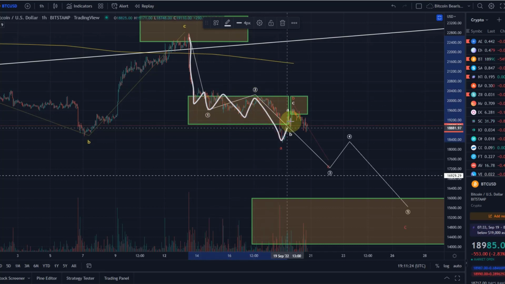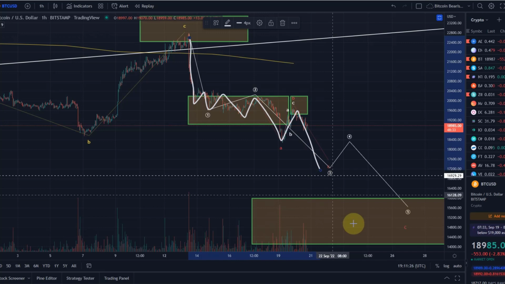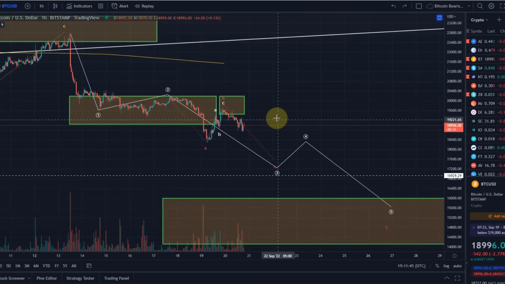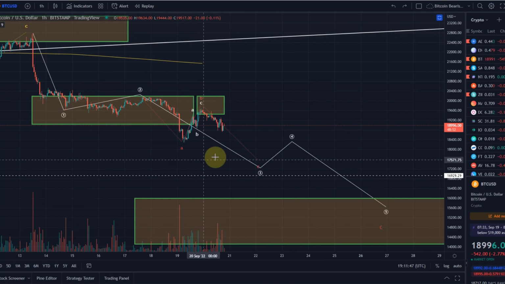Here as well, A, B, C. So this is the messy price action that we have, and that also explains why it's so messy, because we are probably facing a diagonal pattern. Of course we can review that and maybe have to change it, but at the moment this is how it's looking.